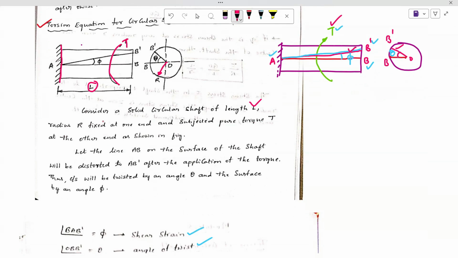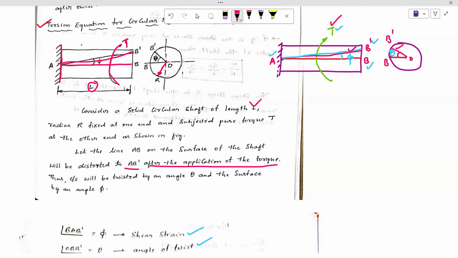So that's shown in the figure. Let the line AB on the surface of the shaft be shifted to AB dash after the application of the torque. So when the torque is applied, the position of AB will be changed to AB dash.